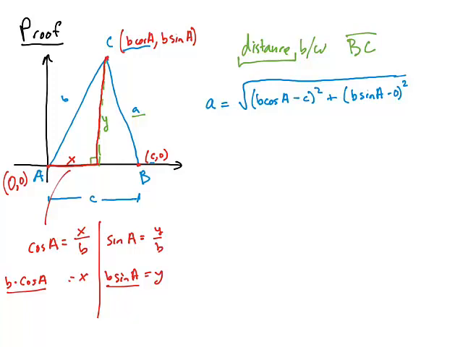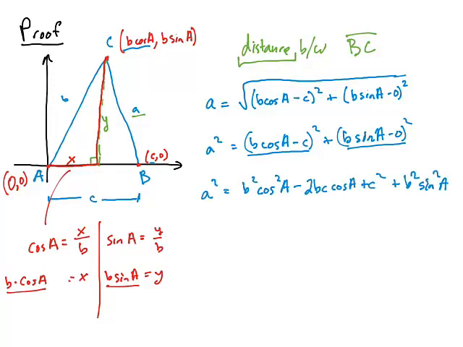We're going to do some simplification here. I'm going to square both sides, so I'll have a squared. We'll remove the square root sign, and then I'm going to expand both of these. At this point, I'm going to factor out the b squared from those two terms.